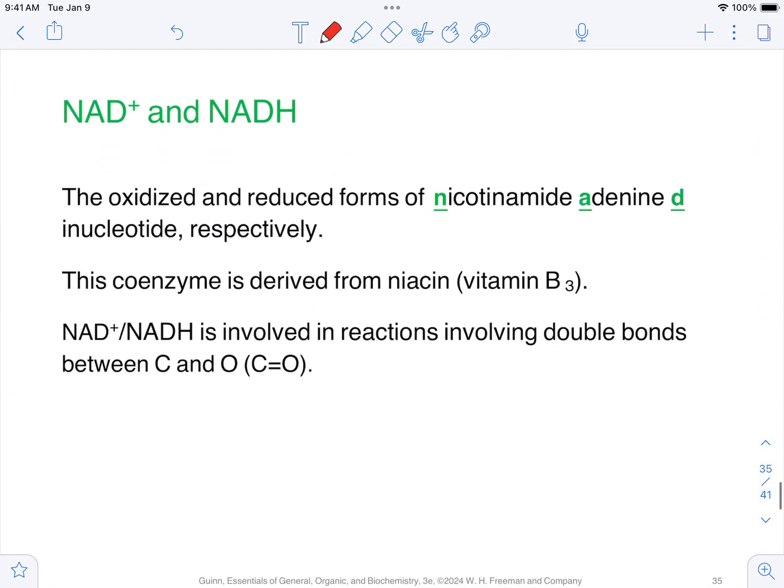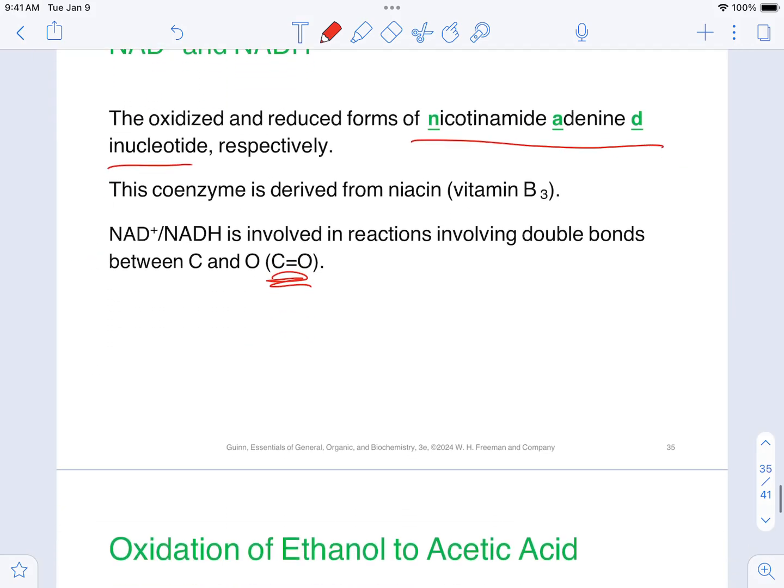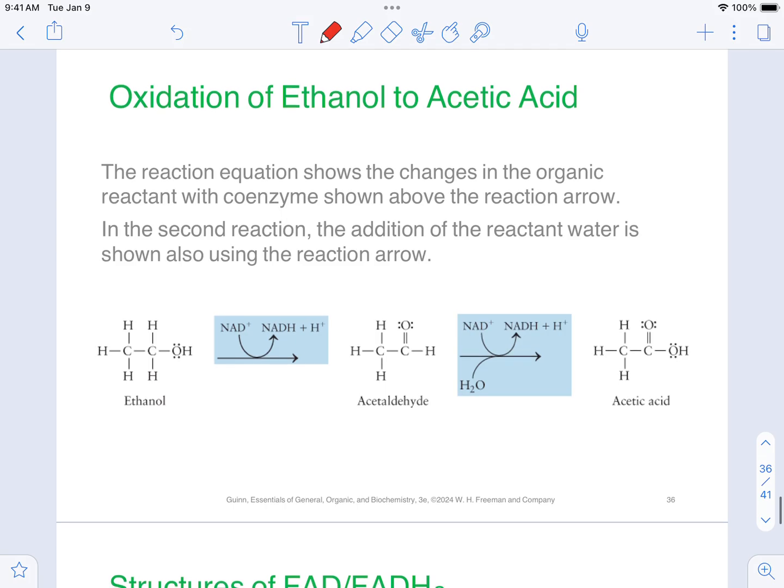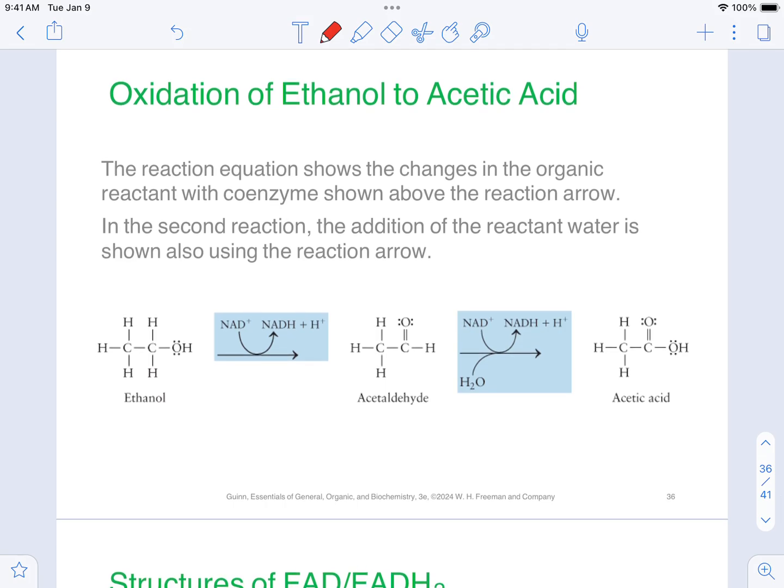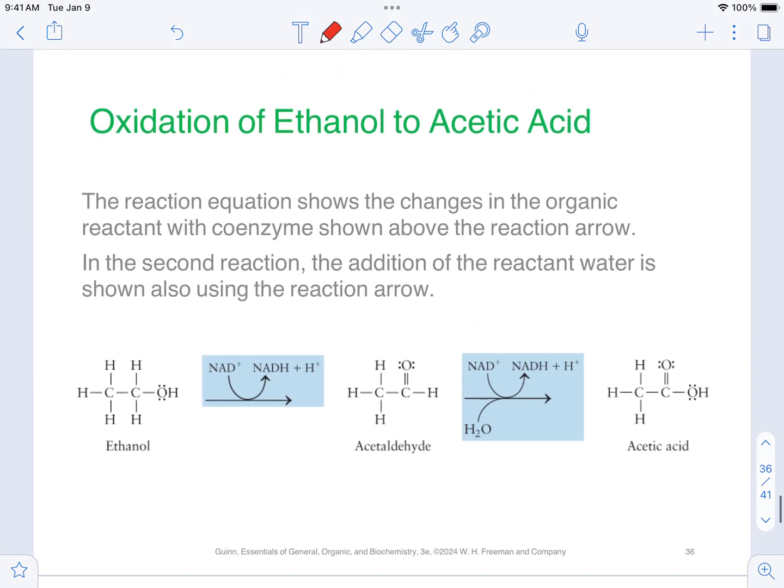So here is what it stands for. And again, that is when we see carbon-to-oxygen double bonds. Here is an example of it. This is ethanol going to acetaldehyde right here, and then that's going to acetic acid.